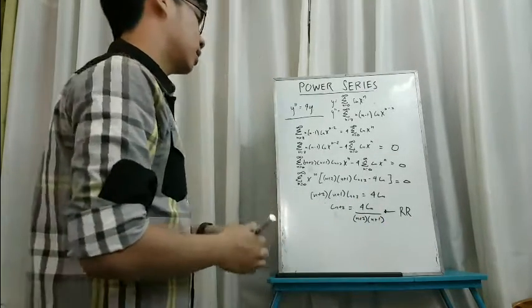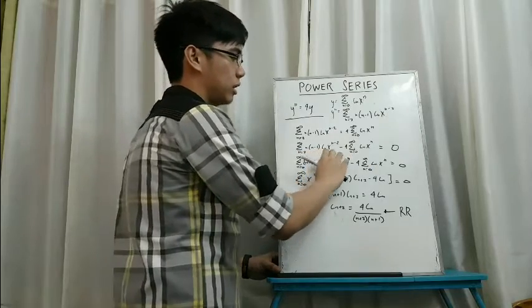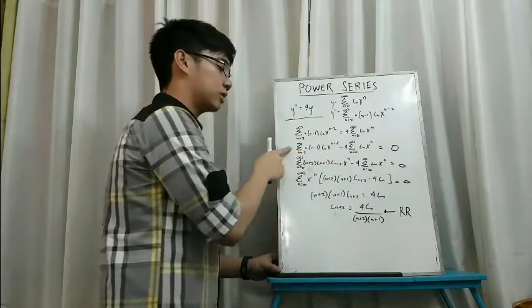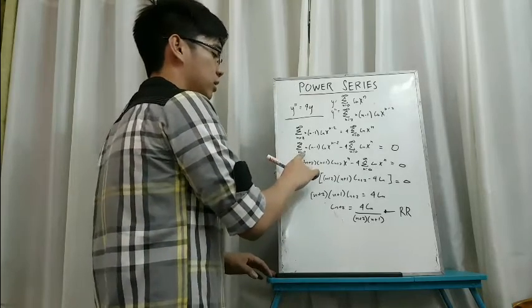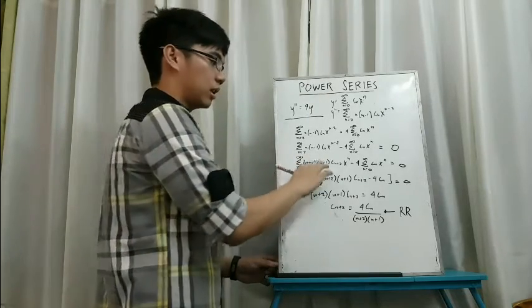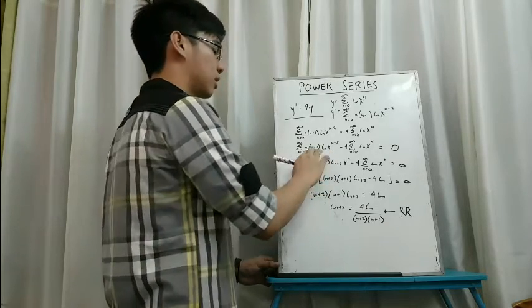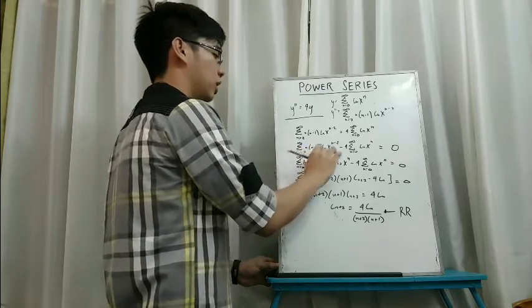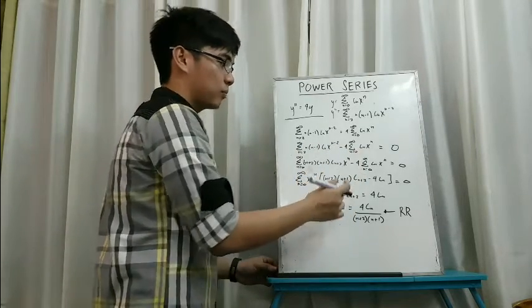Then for this x raised to n and the summation, for us to factor it, I move this to the left so that we will add 2 to all the n here, thus having x raised to n here.